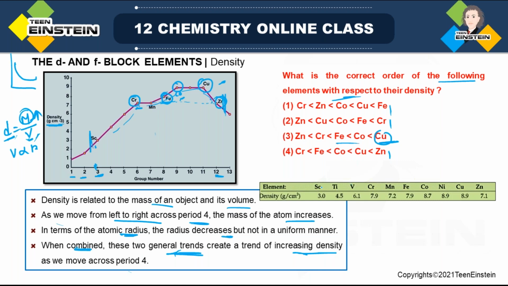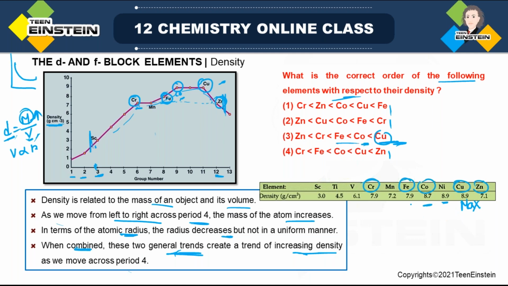Here we have the actual values, but all the elements are not required. Zn, copper, cobalt, iron, chromium. So the first one is copper having maximum density. After copper, nickel also has almost the same, but we are not considering it. It is not present in the question. Next one is cobalt.